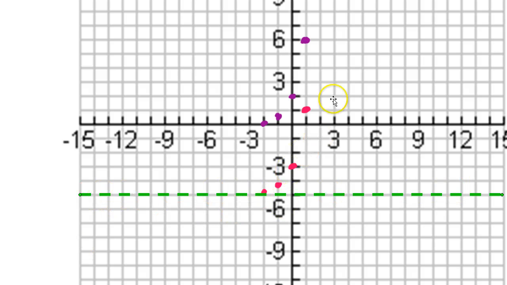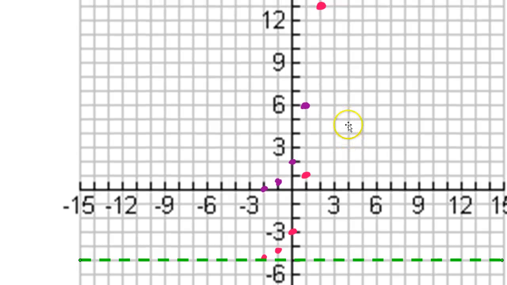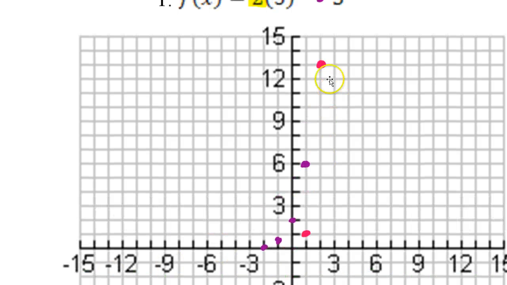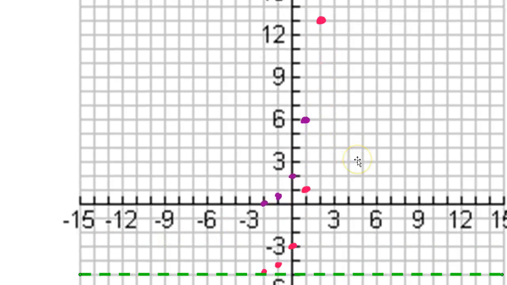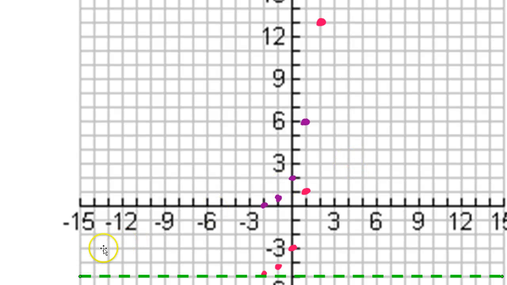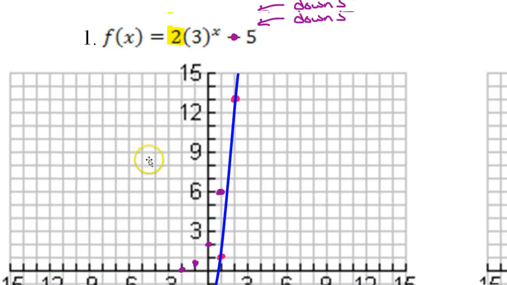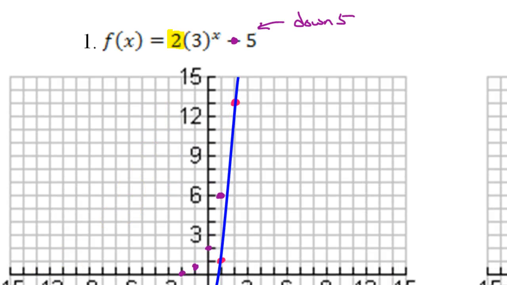Now just draw a smooth curve through your 5 points. Make sure your graph goes all the way to the edge on the left and all the way to the edge on the top. So your graph should look something like this. And so that's it for number 1.